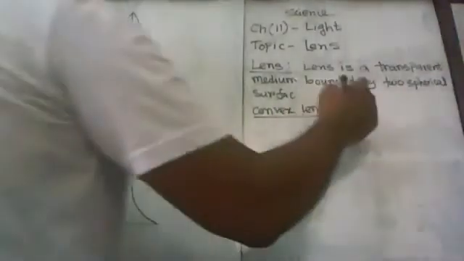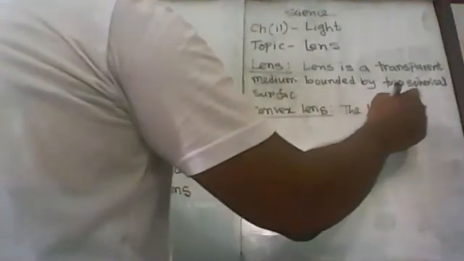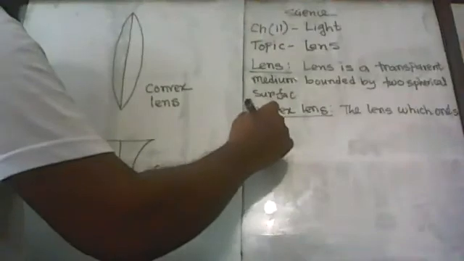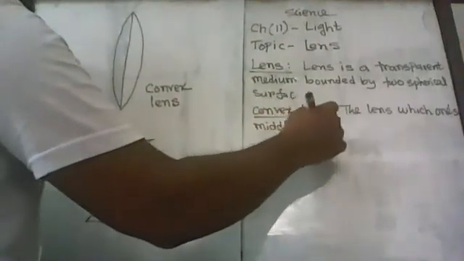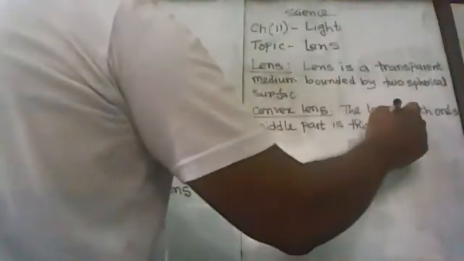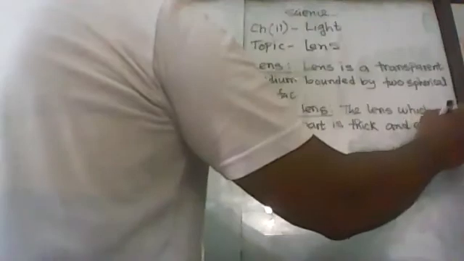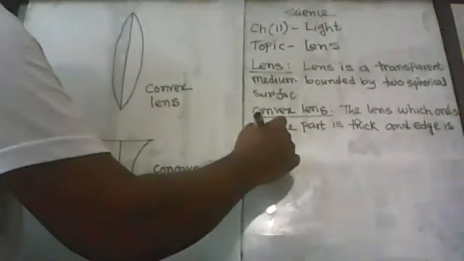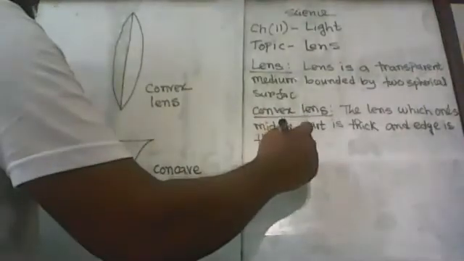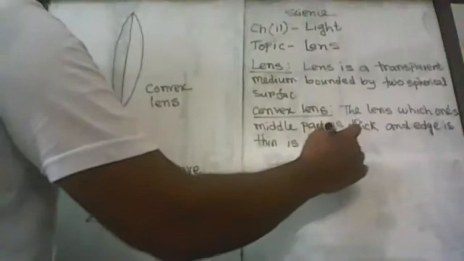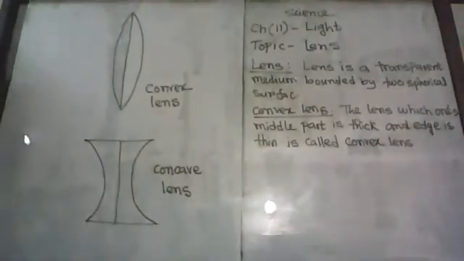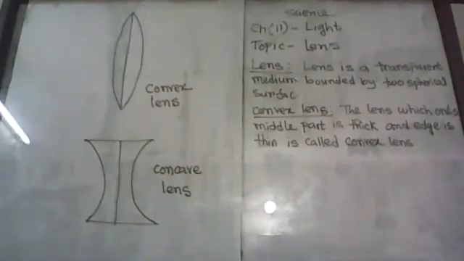So you can say that the lens which has a thick middle part and thin edge is called convex lens.